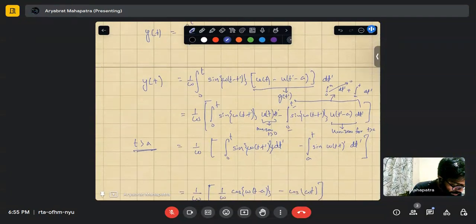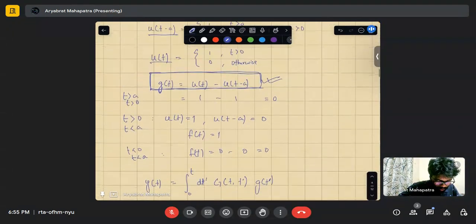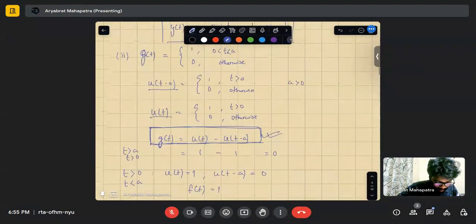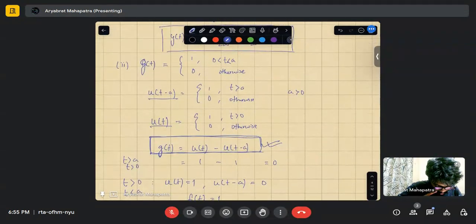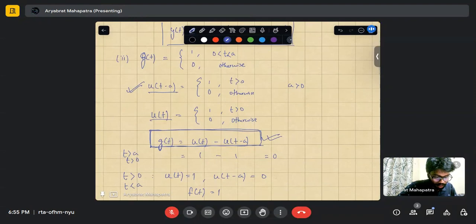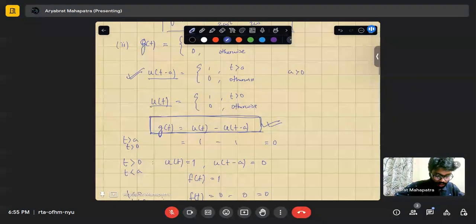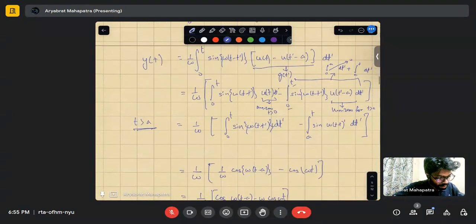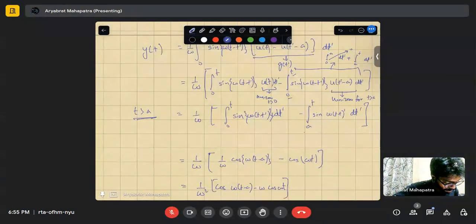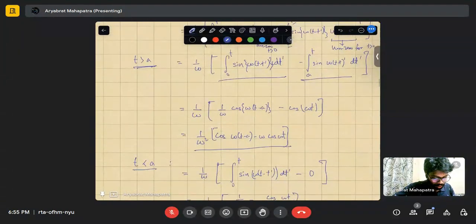So for t greater than a, the second part will be non-zero. That is what the unit step function is telling me. Only for t greater than a, u of t minus a will be 1, and otherwise it will be 0. So that's why I have this final form, and you integrate it, you will get this solution.